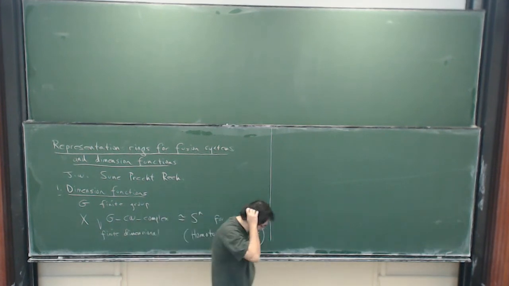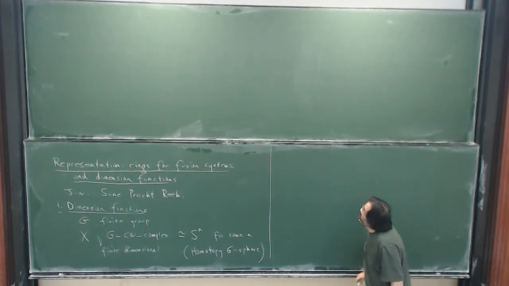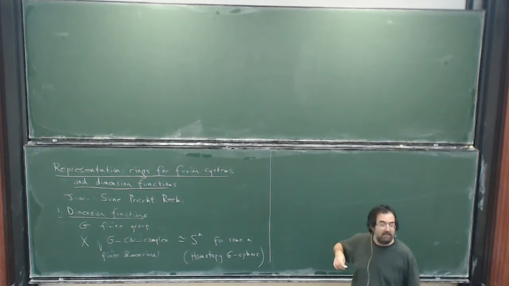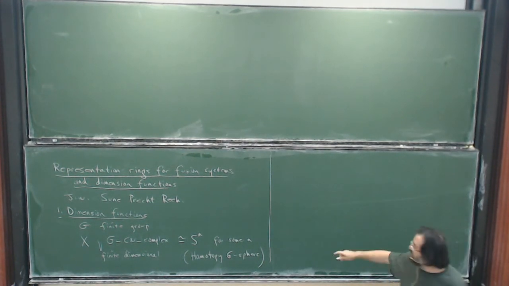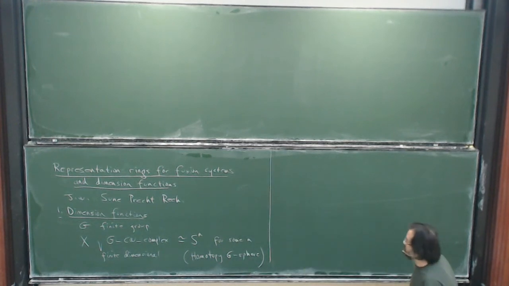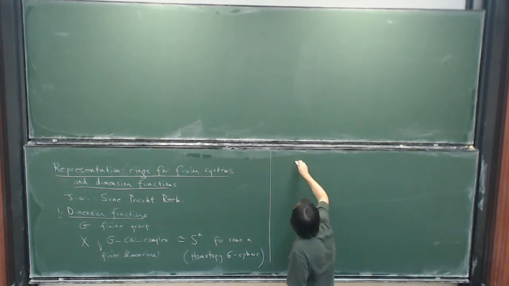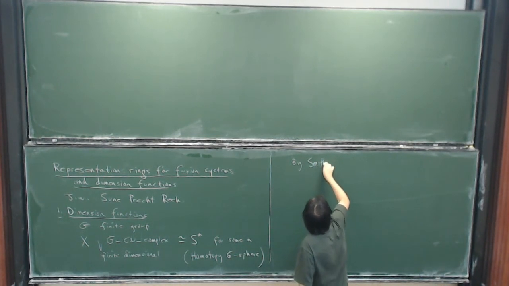Okay, and there is a theory by Smith. It's non-equivariant, so on fixed points we don't know what's going on. But Smith theory tells us something about fixed points.